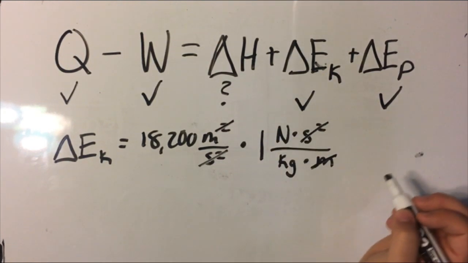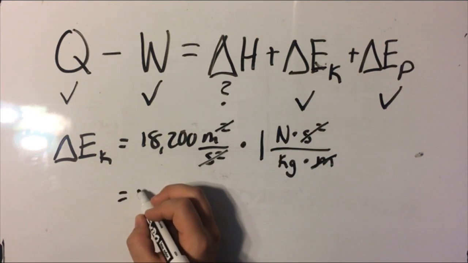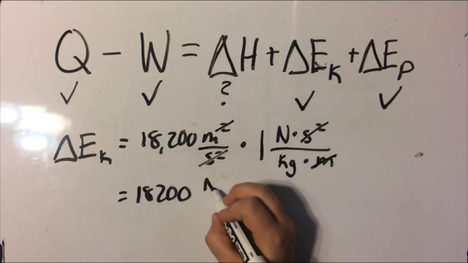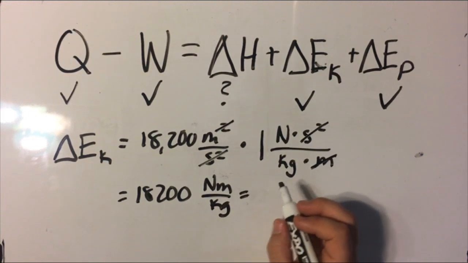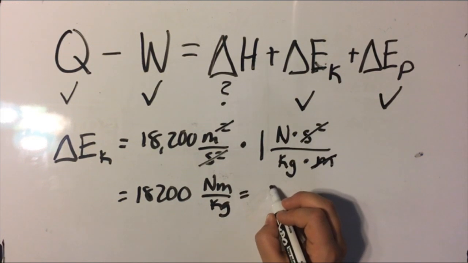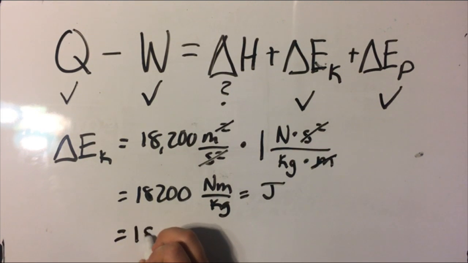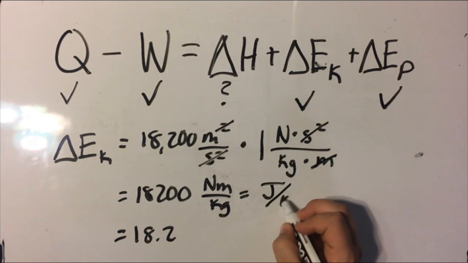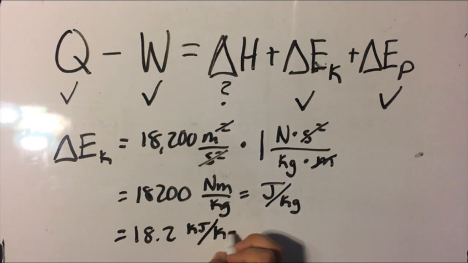So we end up with 18,200 Newton meters per kilogram, which in turn just equals joules per kilogram. We want to have that in kilojoules, so we're just going to divide by 1,000 to get 18.2 kilojoules per kilogram. And that is our change in kinetic energy.